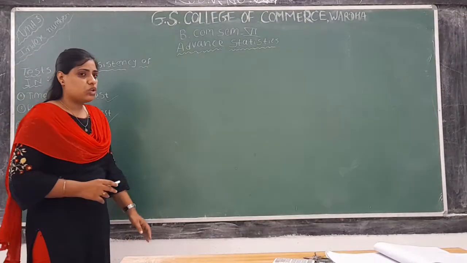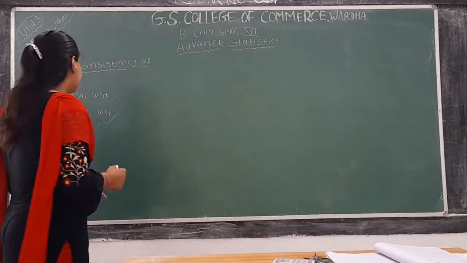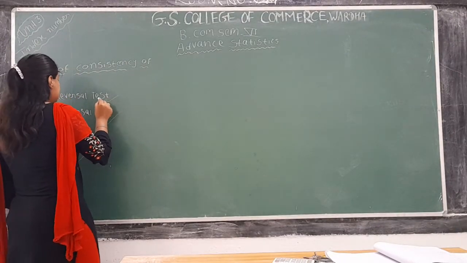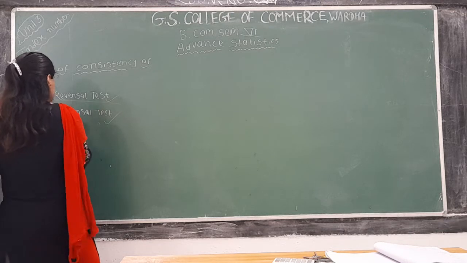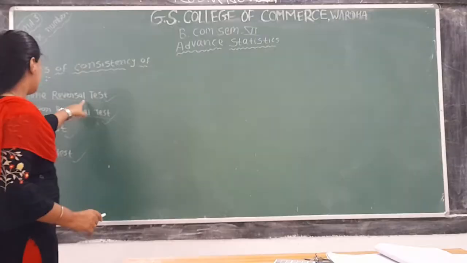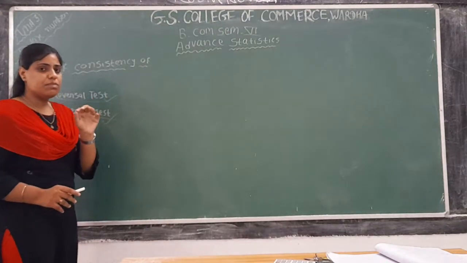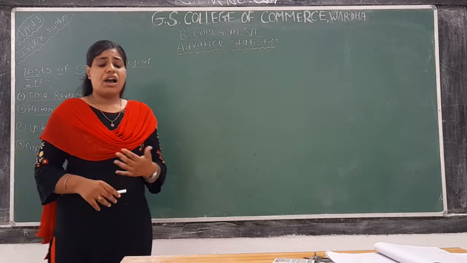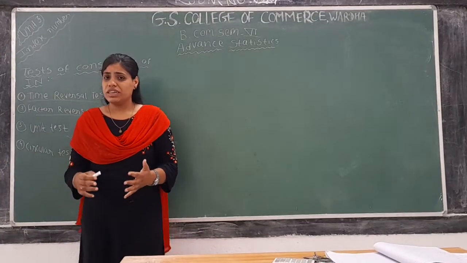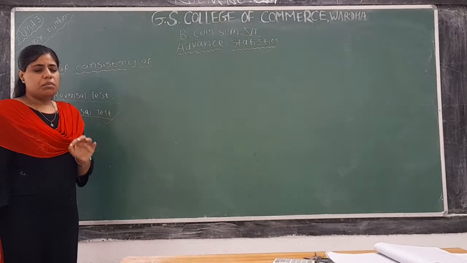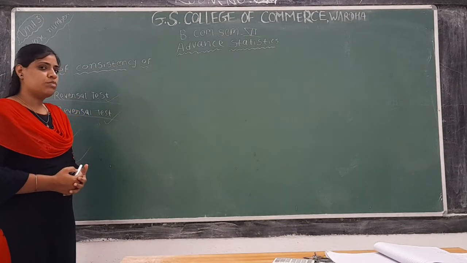So when we talk about our syllabus, we have two tests in our syllabus. First one is time reversal test, and second one is factor reversal test. Time reversal test is satisfied by Fisher's ideal index number and the Marshall-Edgeworth method of computing index number. This test is not satisfied by Laspeyres' method or Paasche's method.